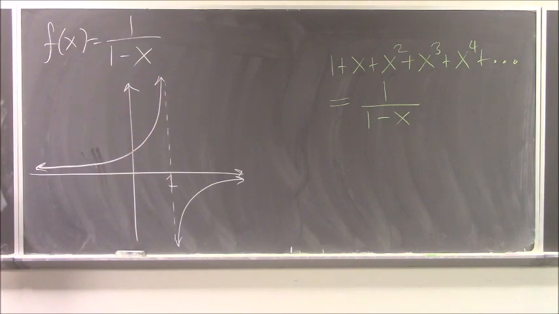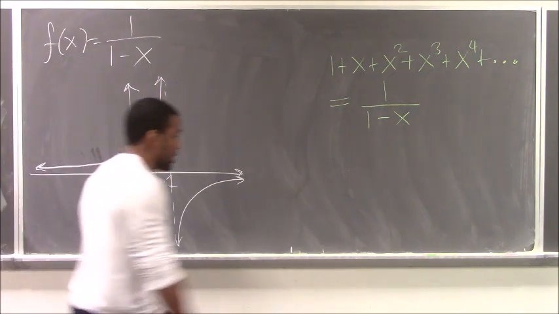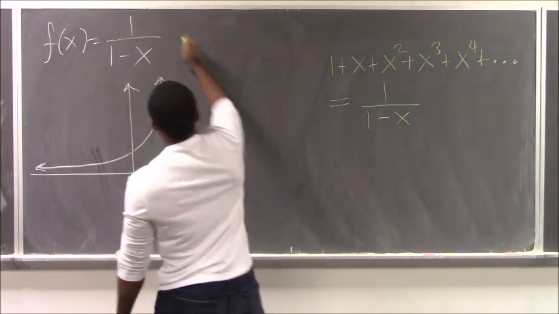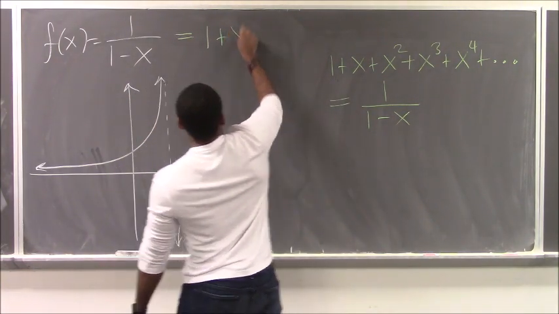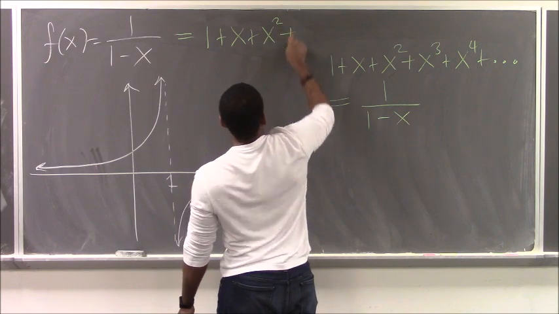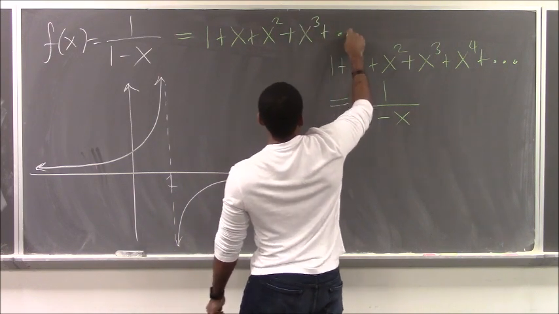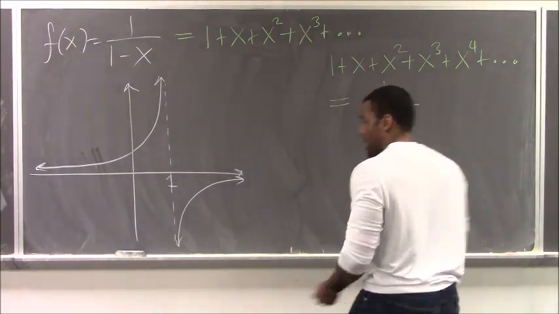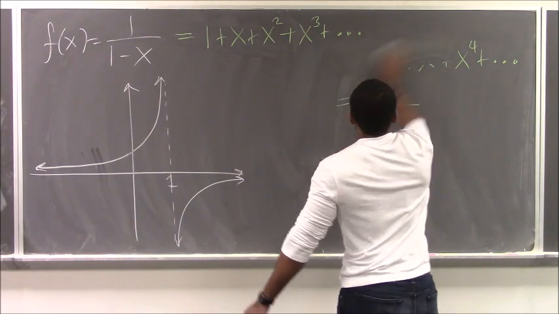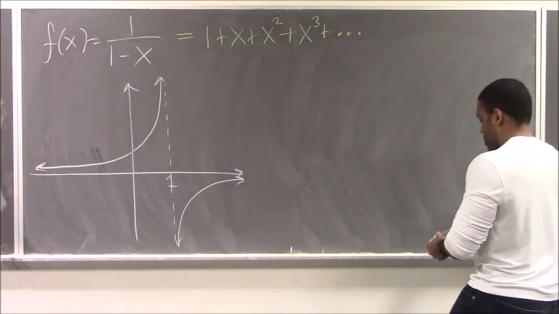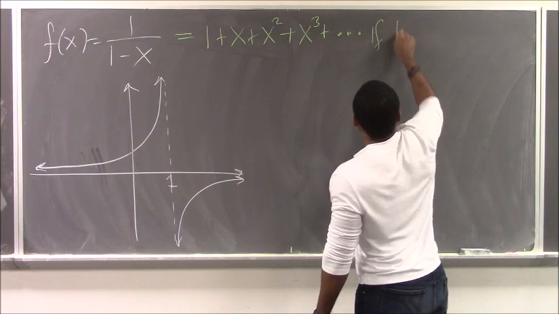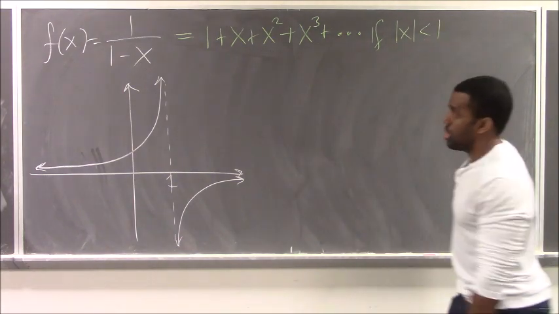So that's that guy. And basically what we're saying is that this is equal to 1 plus x plus x squared plus x cubed plus dot dot dot, as long as the absolute value of x is less than 1.